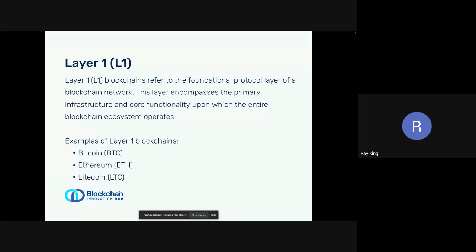This layer encompasses the primary infrastructure and core functionality upon which the entire blockchain ecosystem operates. So everything that's going to go on within the blockchain is going to be built upon layer one. Examples of layer one blockchains are Bitcoin and Ethereum. I'm sure by now we should all know Bitcoin and Ethereum. They're all examples of layer one blockchains.